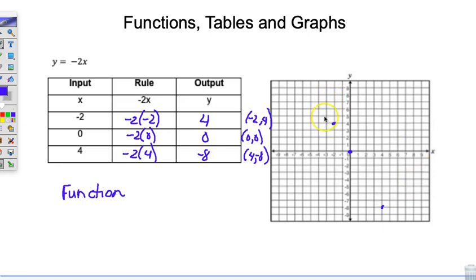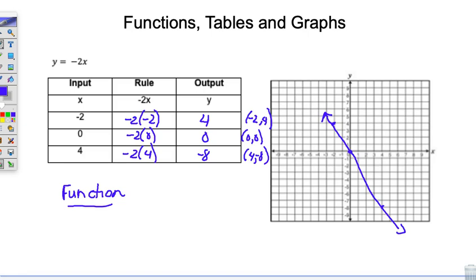And once again, if I connect these points, you're going to see another straight line. So please make sure you're using a ruler when you're doing this on paper and pencil so that you have a completely nice straight line. And it is a function, because no x values repeat, and it also graphed a straight line.